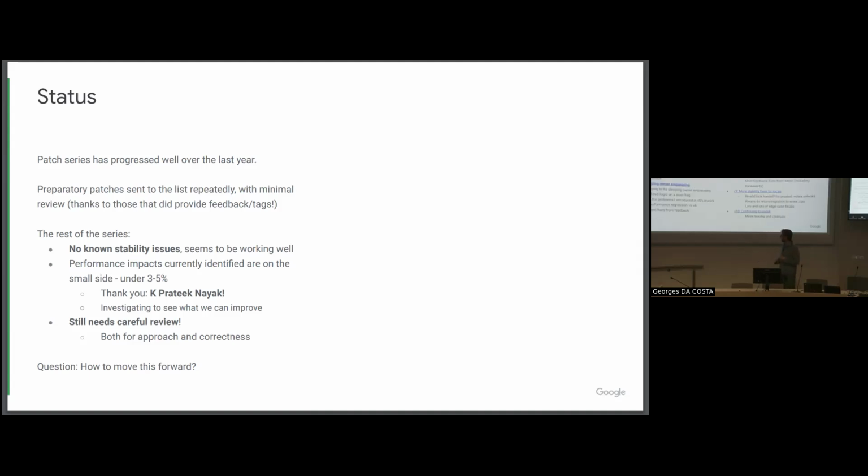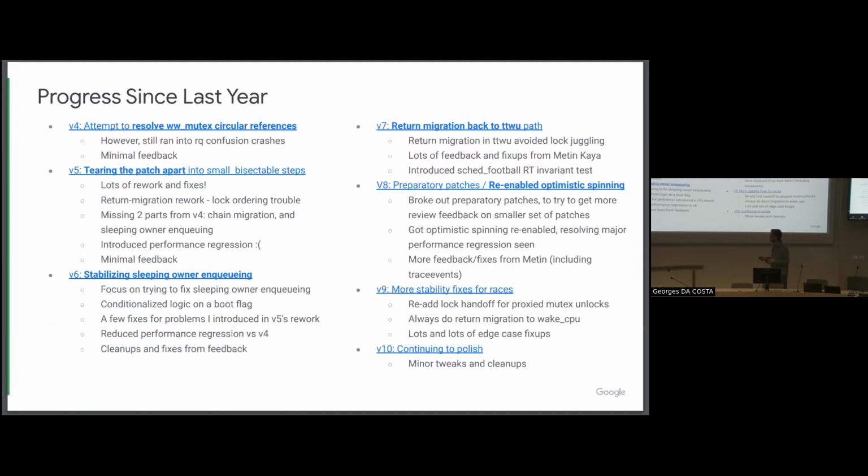Just for some more detail on the progress since last year: with V4, I was working out how to add a little extra state to resolve the wait-wound mutex circular references, so we don't end up there. For V5, I got really frustrated because the stability wasn't where I wanted it, so I tore the patch into lots of small pieces that I could iteratively work on and dissect.